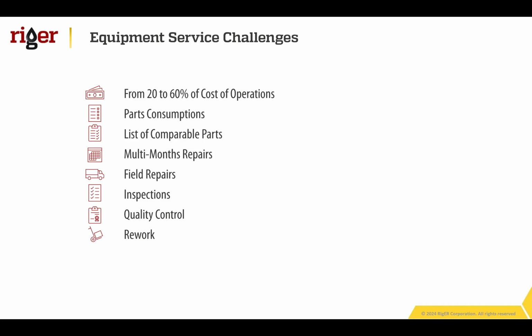Field repairs, when we send our field technician to the job, and they need to fix everything. Inspections plus repairs can be a very complex document chain, quality control as well, and a separate rework module we use in RigER for outside repairs, so the third-party repairs, machine shops, etc.